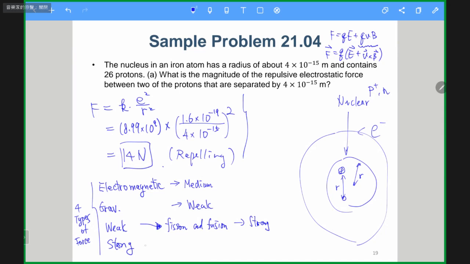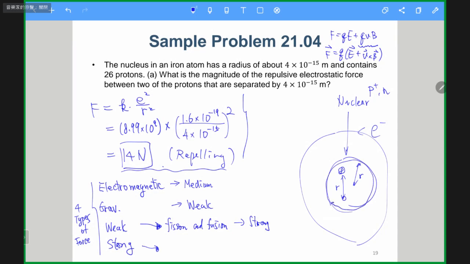Another type of force is called the strong force. The strong force is the force acting between the nucleons. Just now we already know that there is a strong force repelling the protons, and only a weak gravitational force to attract them. So there must be some other force to keep the nucleus stable.